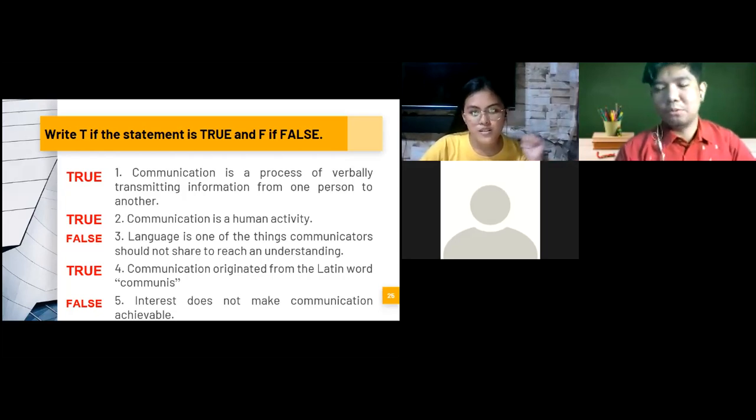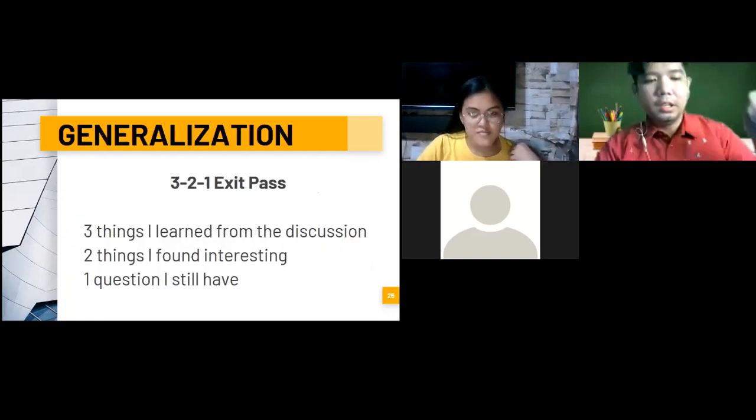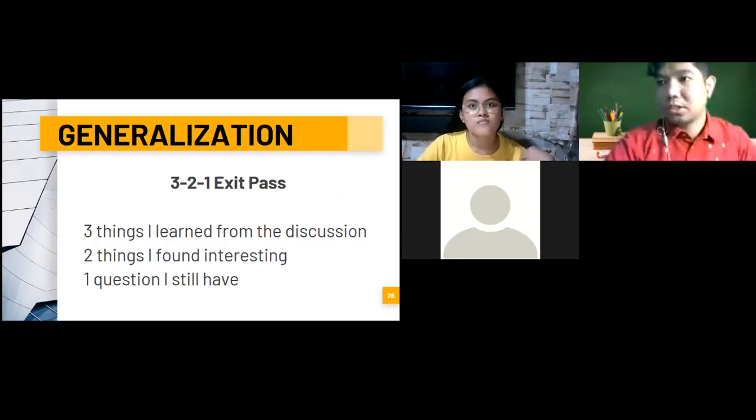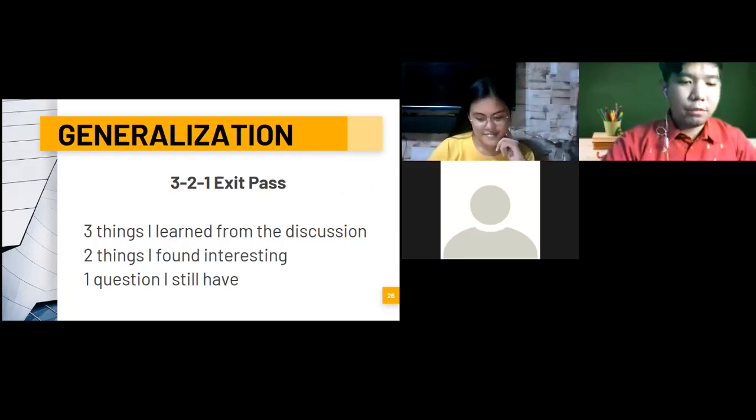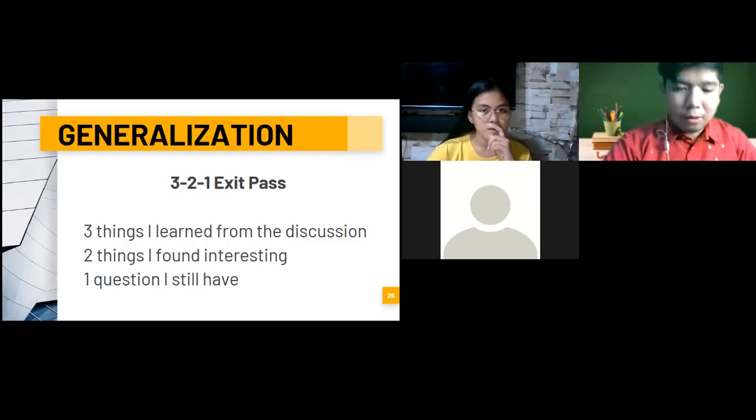Okay, so four. For our generalization part, this is what we call a 3-2-1 exit pass. I am going to ask from you three things that you learned from the discussion, two things that you found interesting about everything that we discussed, and one question that you still have.